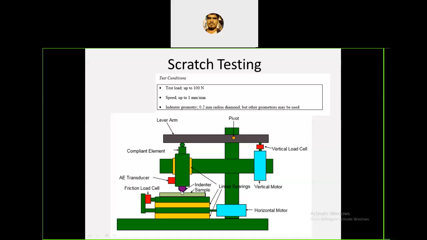Clear? If I increase the height here, here it will decrease the height by applying the load, and that acts on this specimen. It will make some scratch on this.